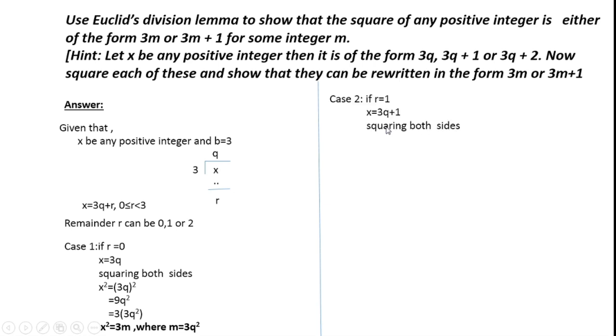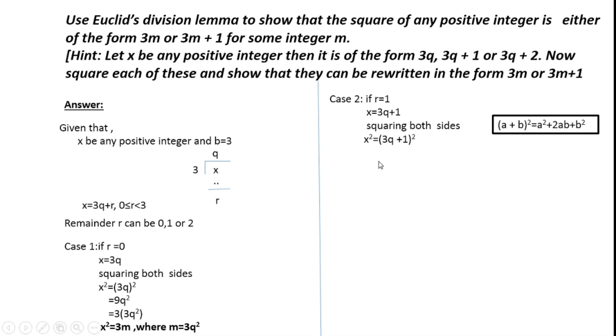The next possibility: if r equals 1. Instead of this r, we are giving the value 1. Now x equals 3q plus 1. Squaring both sides, x square equals 3q plus 1 whole square. How will we expand this? We already know a plus b whole square equals a square plus 2ab plus b square.